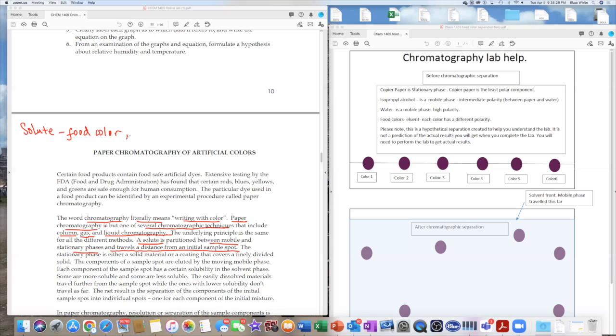So let me write what the mobile phase is. Mobile phase. The first one is going to be, I think, isopropyl alcohol. So this would be your alcohol. That's the liquid that you place the paper in. And then the stationary phase, this is going to be your paper.